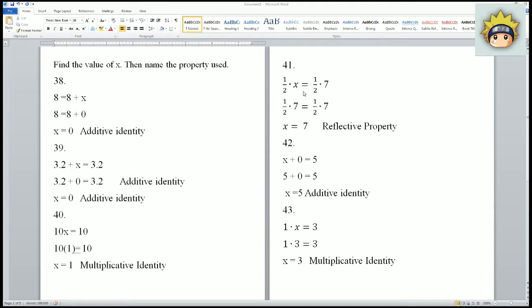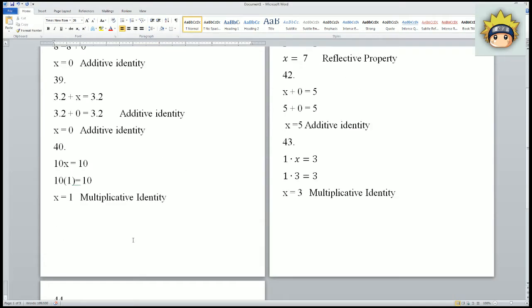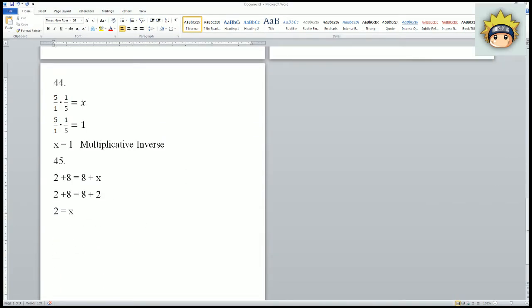It looks like the reflexive property, because the left-hand side equals the right-hand side. But notice it was 2 plus 8 on the left, and on the right-hand side it's 8 plus 2. It's not the same. We call this the commutative property, because the 2 was first here, but now it's the 8. They commuted.